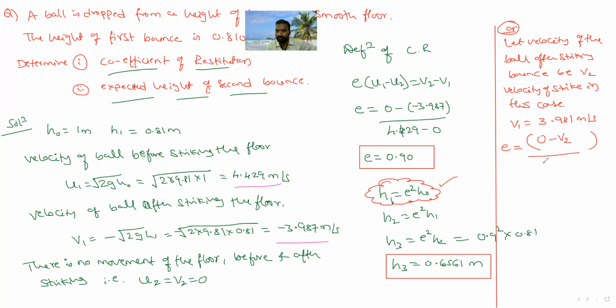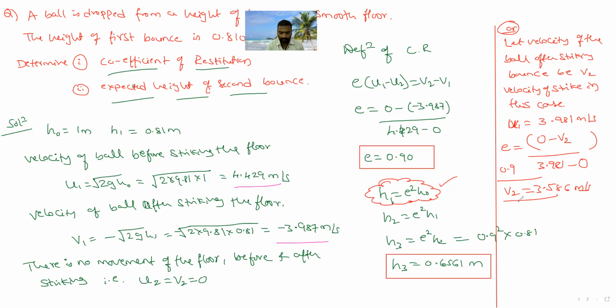U2 is equal to V1, 3.987. I have to determine V2. U2 is equal to 0. You know the E value also, 0.9. So if you calculate this one, V2 you will get 3.586 meter per second.